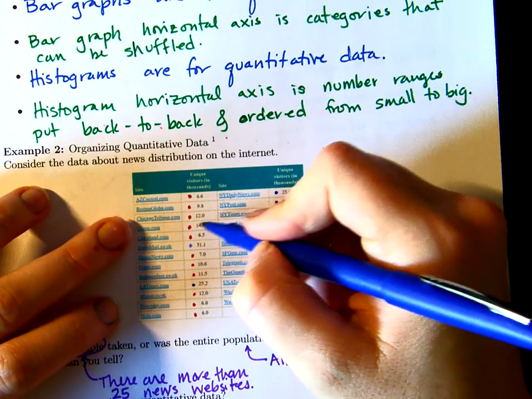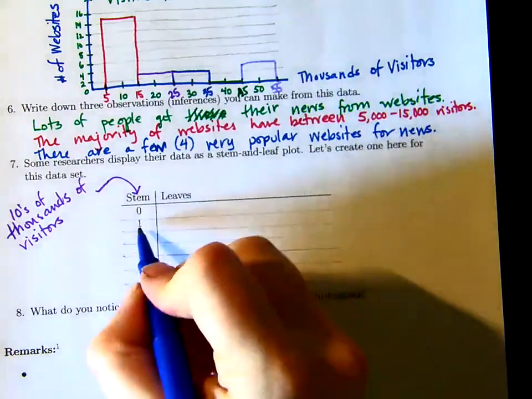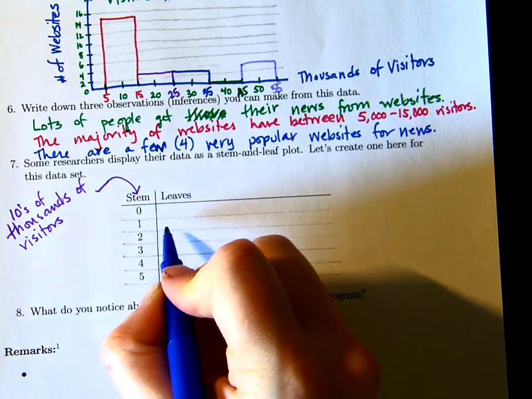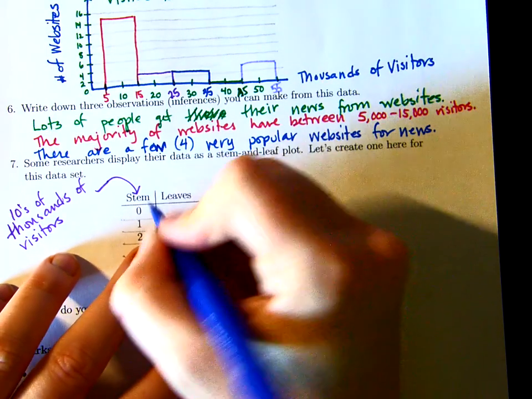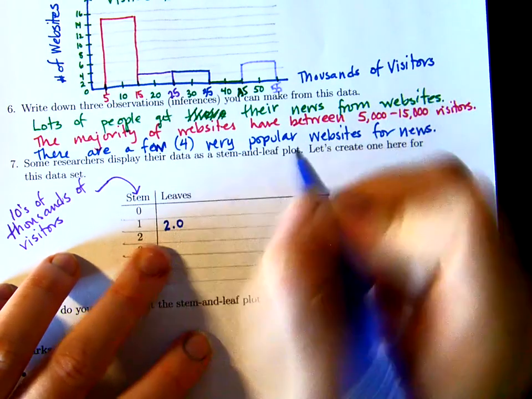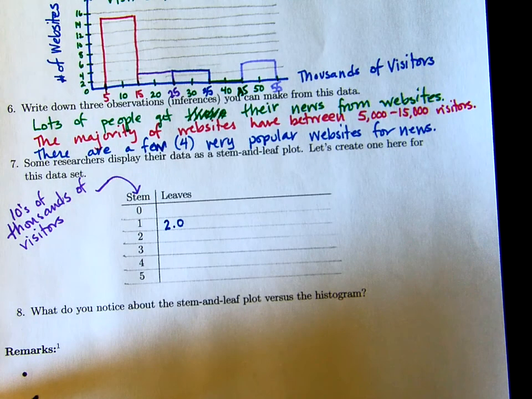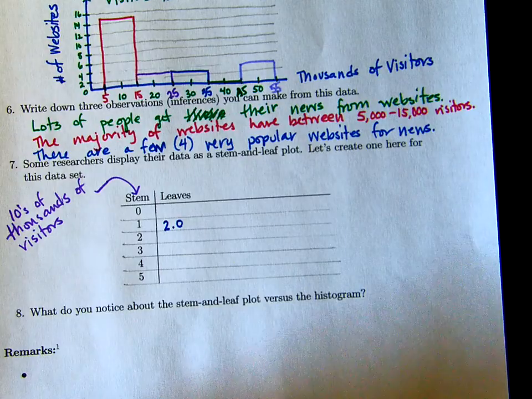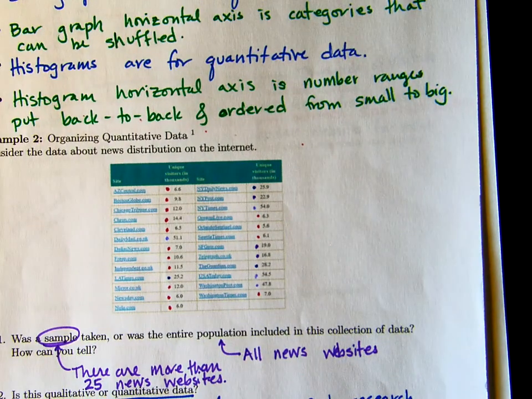So when it comes to this 12,000, I'm going to represent this as 10,000 plus 2,000. So I'm going to put a leaf of 2.0. Uh-oh. Oh boy, I shouldn't have done that. Because really we need to find the smallest.